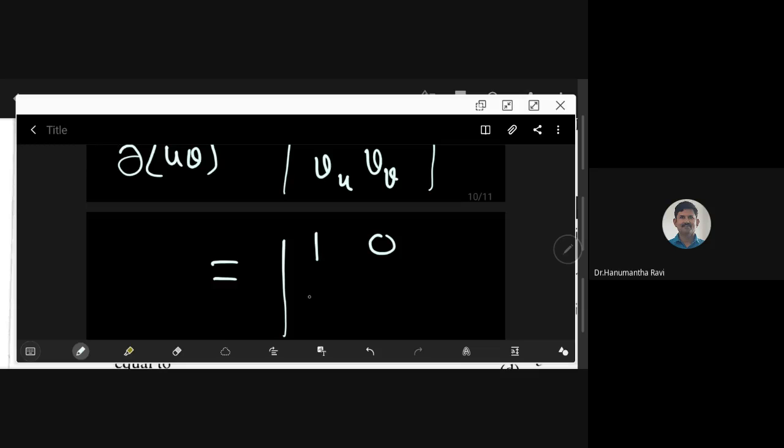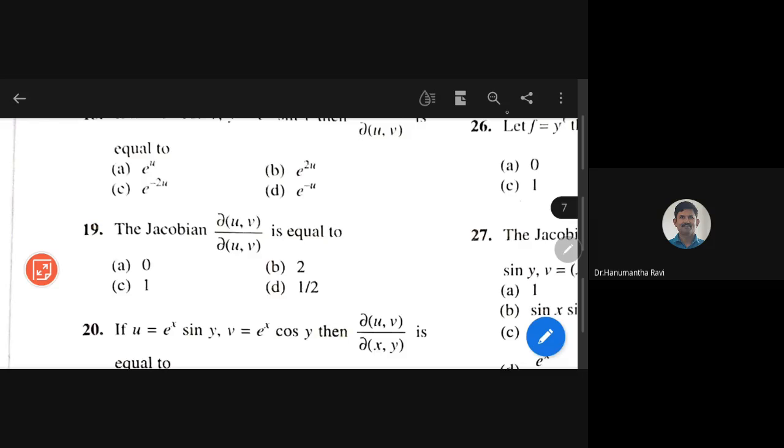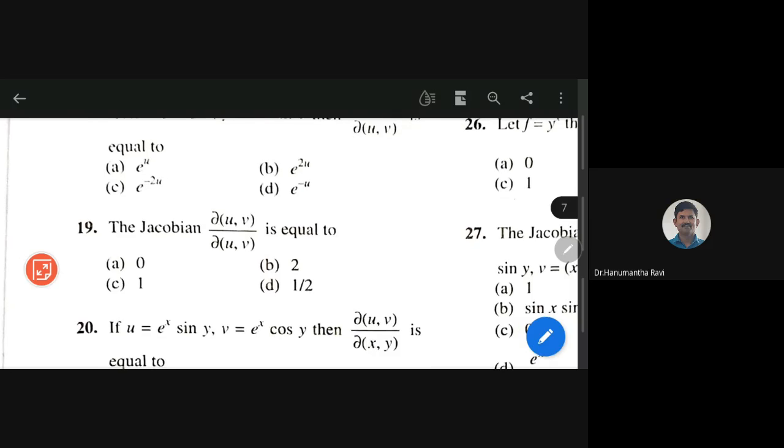Then dou v dou u: dou u is 0, dou v is 1. So you are getting the answer as 1. That is C. For this one, the answer is C.